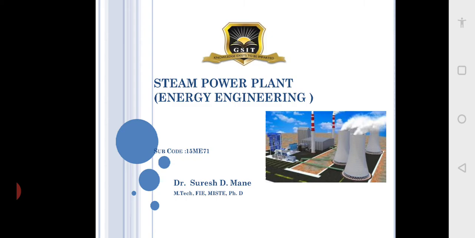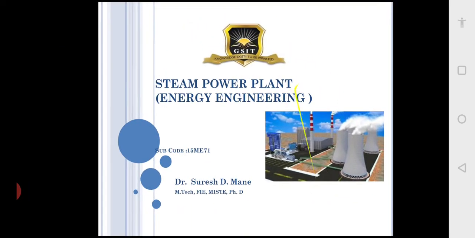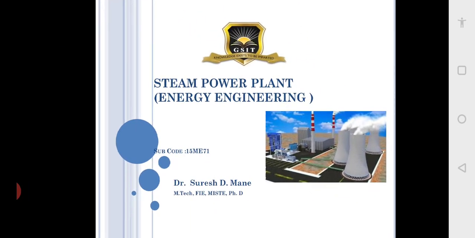I think you have seen these images, steam power plants like this. We have got in Karnataka, we have got in Raichur thermal power station. At Raichur, we have around 8 plants of 210 megawatt each.